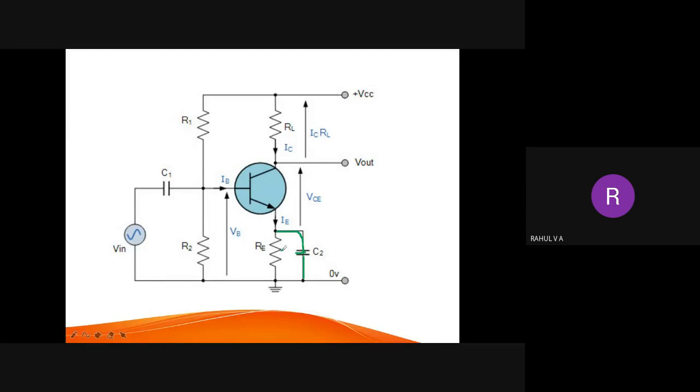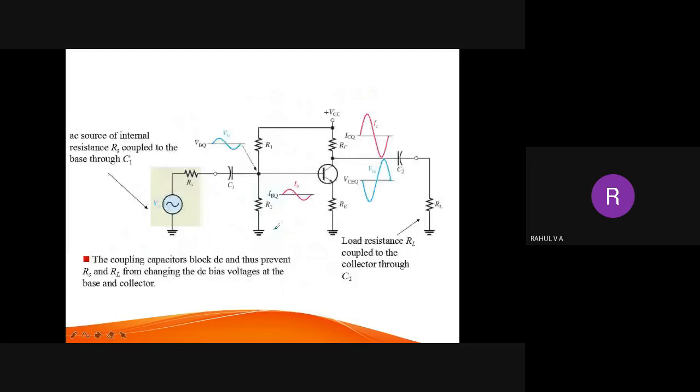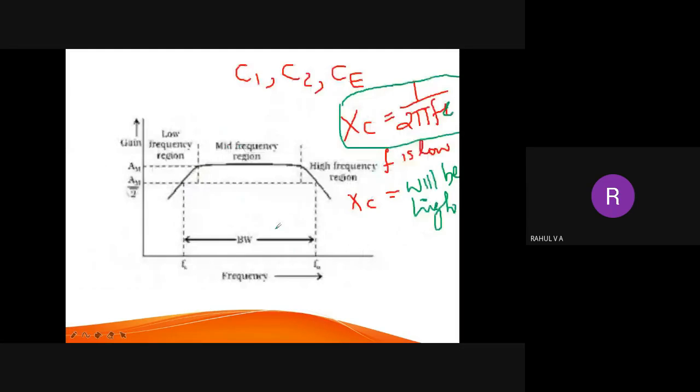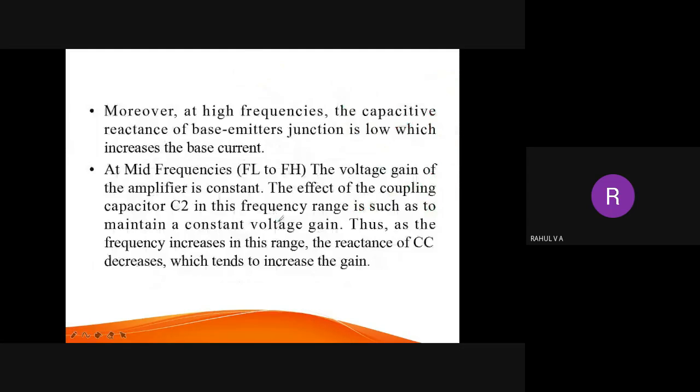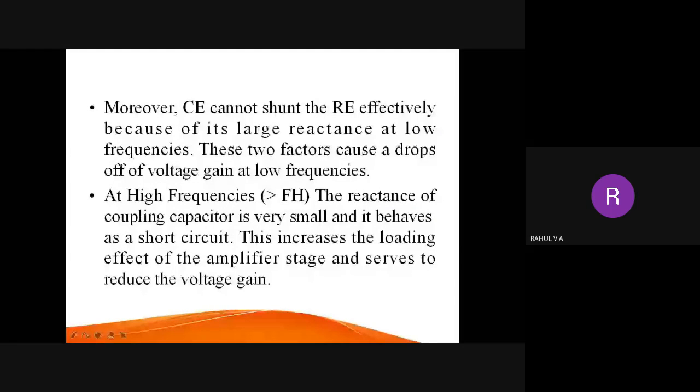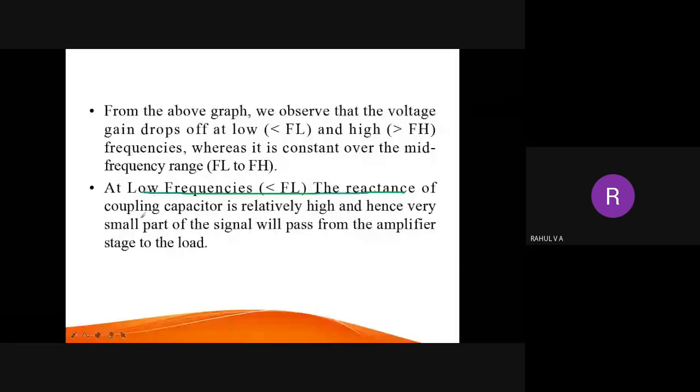So at low frequency, the reactance of the capacitor is very high, so it will not allow most of the signal to reach the input terminal. At low frequency, the reactance of the coupling capacitor is relatively high, and hence a very small part of the signal passes from the amplifier to the load, and similarly for the input to the amplifier.